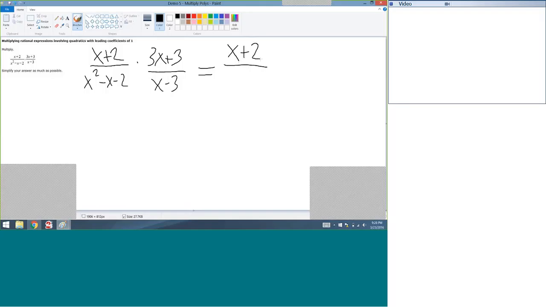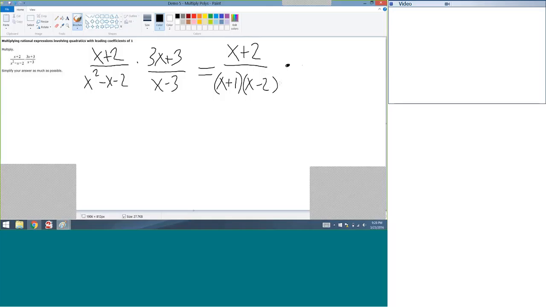But the denominator to that fraction is a trinomial, so that should be able to factor down. And so we're looking for factors of -2 that add to -1. So we're going to end up with x and x, and +1, -2.